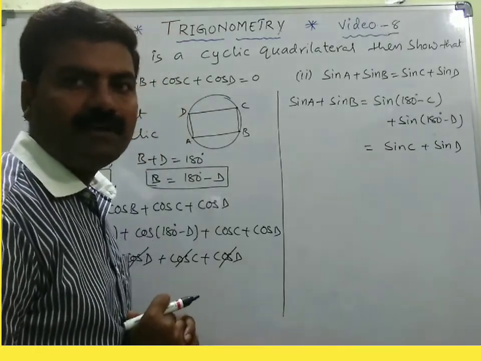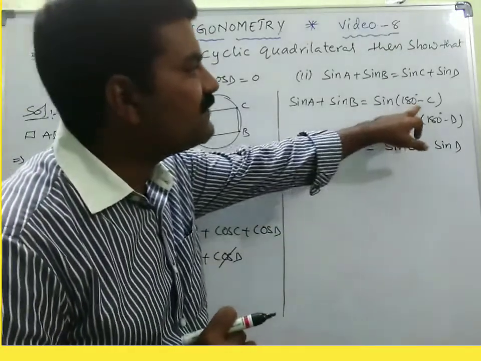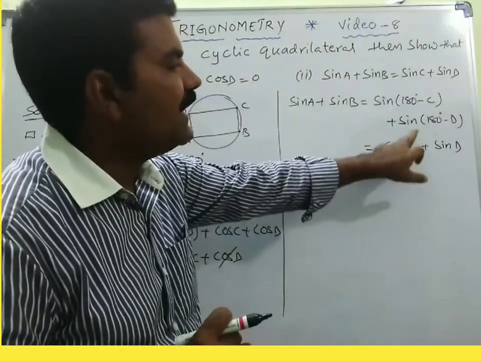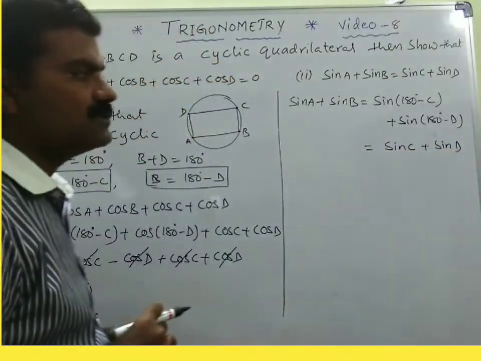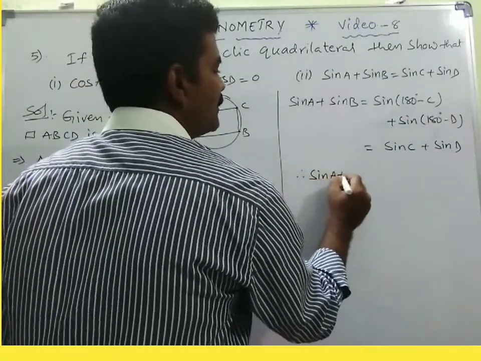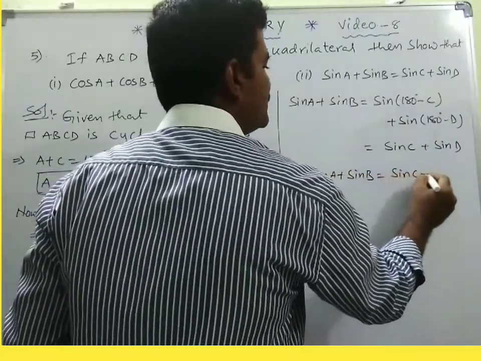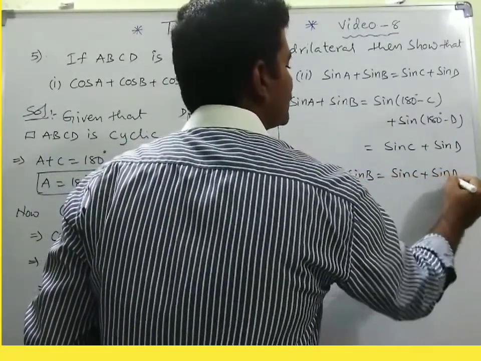Hence in the second quadrant sin is positive. So that's why sin of 180 minus C is nothing but sin C, and sin of 180 minus D is equal to sin D.